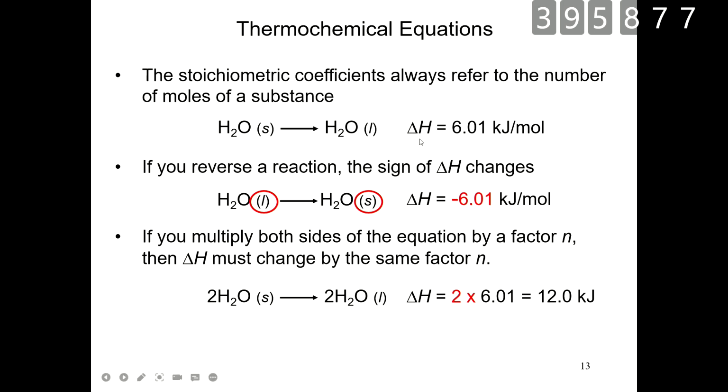So the enthalpy change is plus, right? But if the liquid changes to solid, the number is the same, but here it is changed to minus, because when the liquid changes to ice, it will release energy, so the system loses energy.